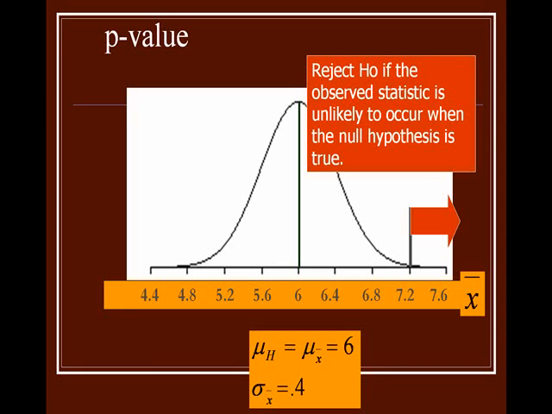Sometimes you're going to get a mean that's different than 6 just because of random error. And sometimes you're going to get a mean that's different than 6 because the population mean really isn't 6. So we got 7.2. We want to know if it's reasonable to think that it could have come from a population with mean 6, or if it's so far away that we cast doubt on that null hypothesis, that hypothesized mean of 6.